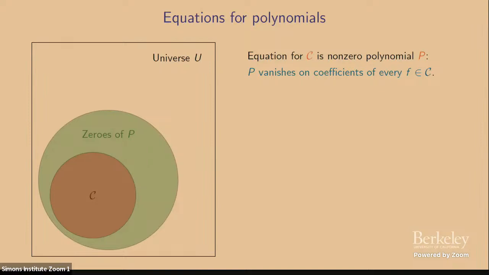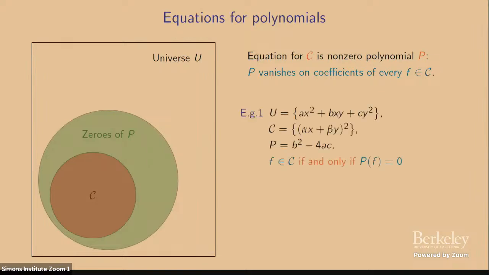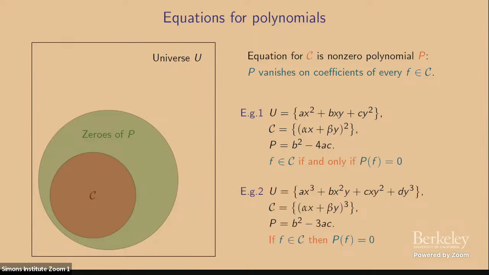Cover is the main thing here, because in the case of quadratics and discriminants, there was nothing in the middle here. The zeros of P exactly capture C. But in the second example, we don't have this if and only if. We have a weaker thing. What we did was somehow stronger than what we need. I gave you a polynomial and I asked you if it belongs to my class.